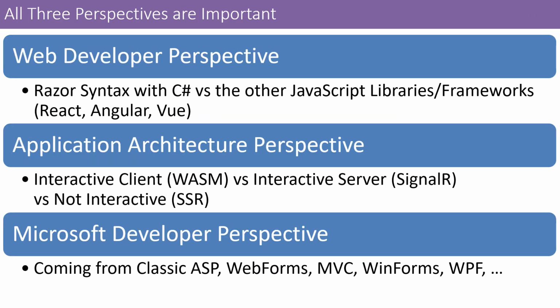All three perspectives are important. You do want to have a syntax you can work with. You do want to have an architecture that's strong, as well as, if you want to help your Microsoft developers move forward, that's a good thing to consider as well. But if you had to weight these for which is more important than the others, comparing the syntax of Blazor to React, Angular, and Vue, it's weighted really low in my opinion. It's 20% of the decision.